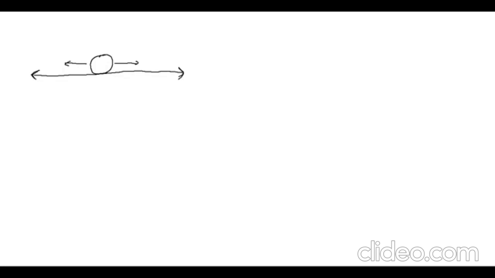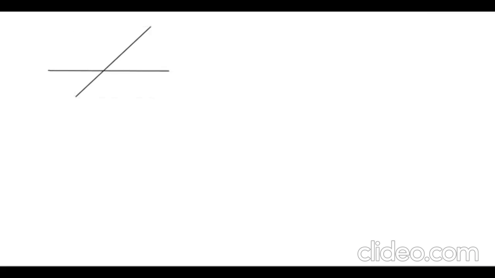But if you draw a line which makes some angle with the horizontal line, as you can see here, your line L is making some angle with your horizontal line M. Let's say the angle made is theta, then this line is inclined to line M, and this line will have some slope, right?